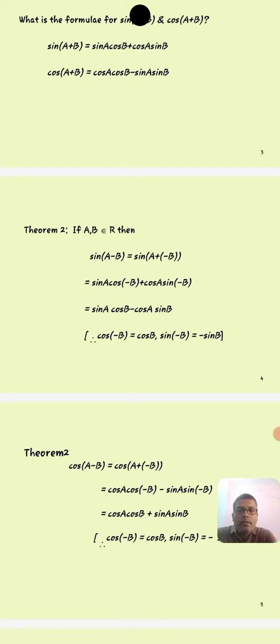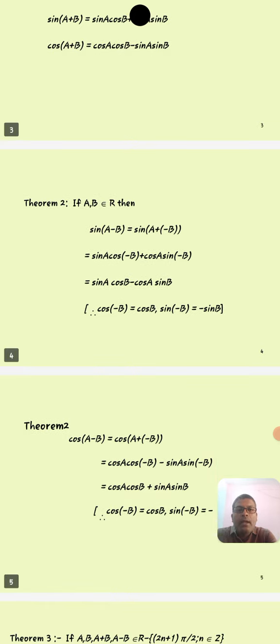We know that one formula is there, the above formula. What is the formula of sine of a plus b? Sine a cos b plus cos a sin b. So you have to observe, we have to apply this formula in this function also. Same, sine a cos of minus b plus cos a sin b.